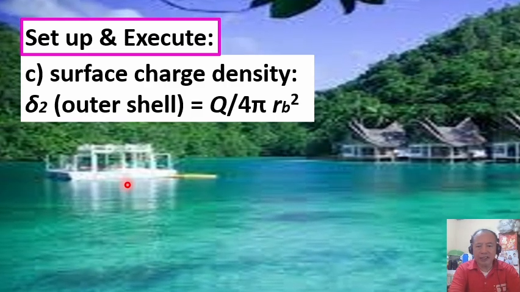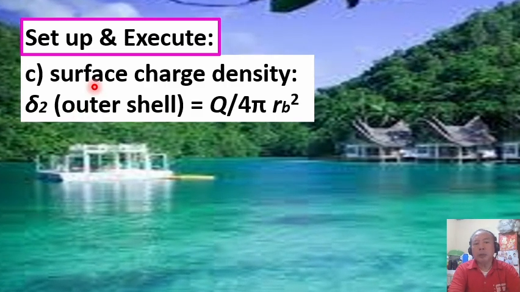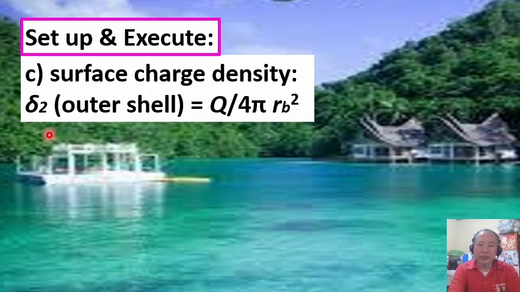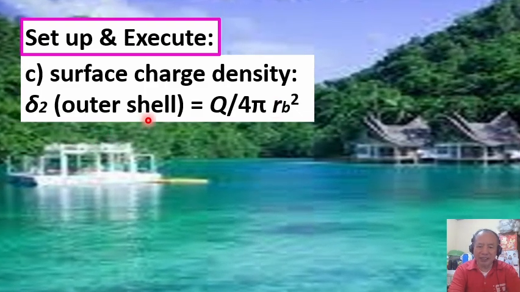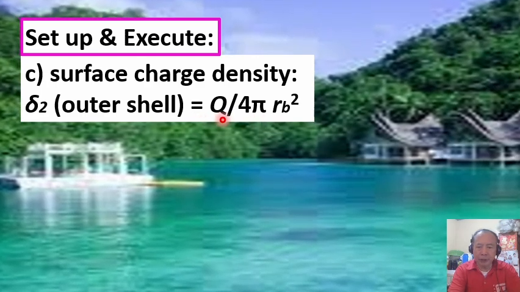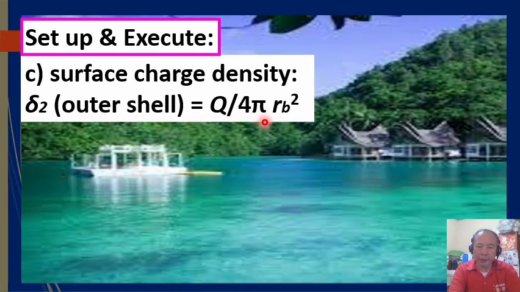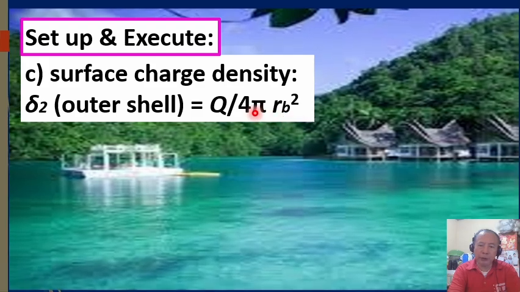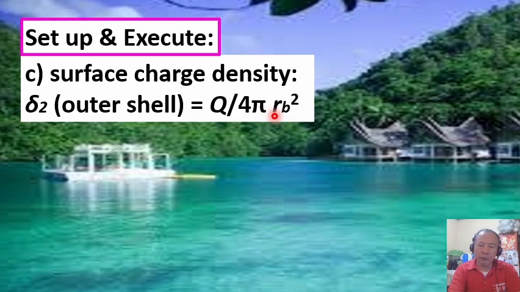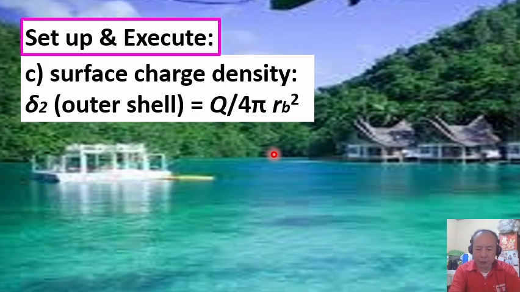And last but not the least, computing the surface charge density, delta sub 2, in the outer shell, using the same formula, big Q divided by 4 pi multiplied with the square of the inner radius of the outer shell, r sub b.